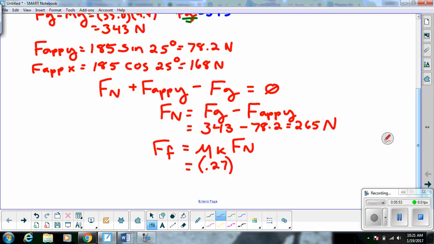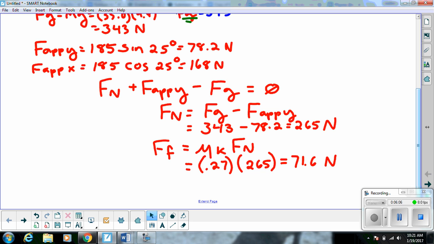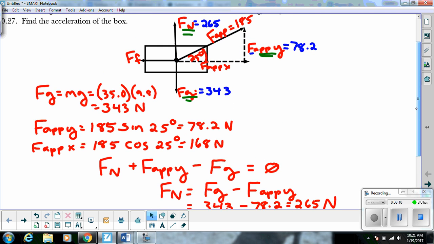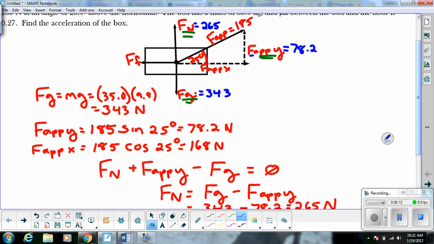Normal force is going to be the 265. And so my frictional force is going to be 71.6 newtons. I'm going to put that on the diagram, and that's my first horizontal vector, 71.6. Actually, we have the force applied in the x direction, which is the 168.